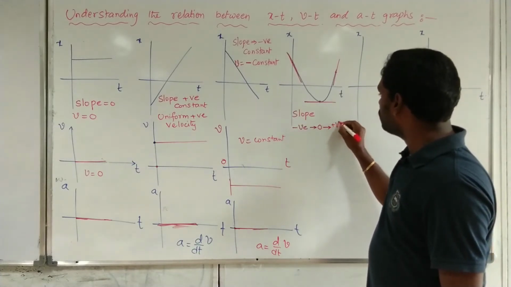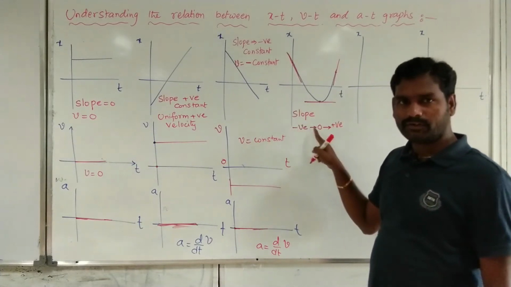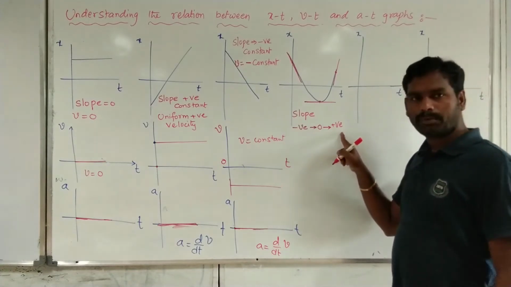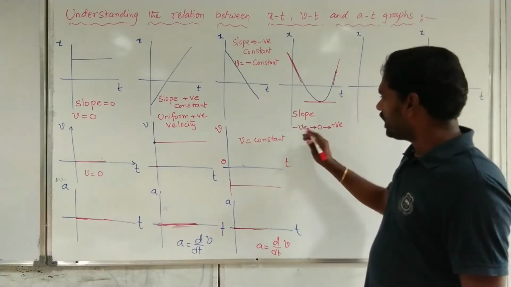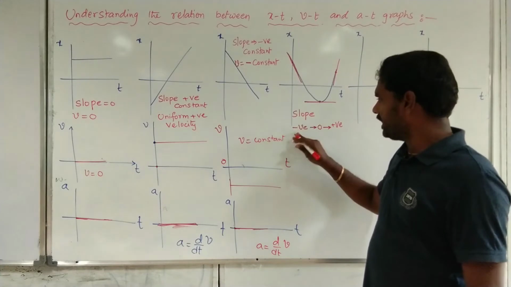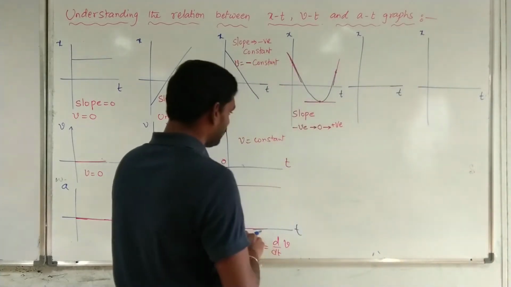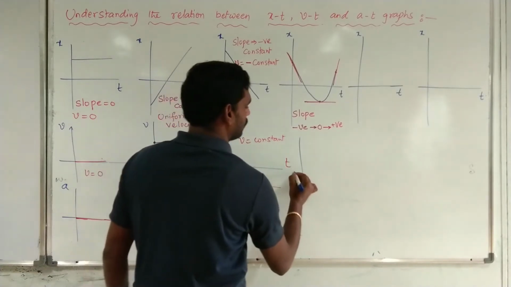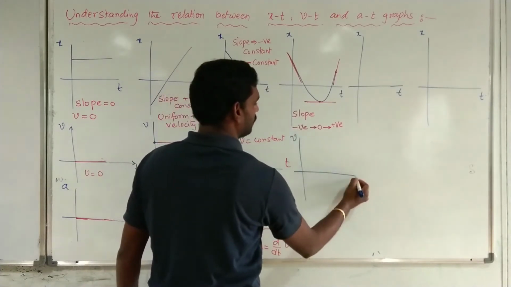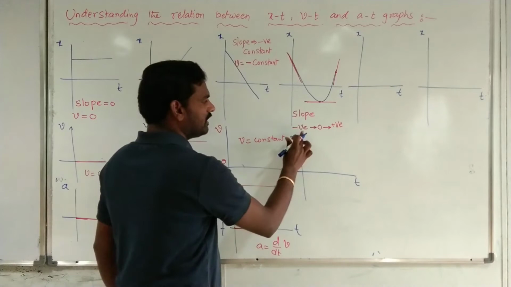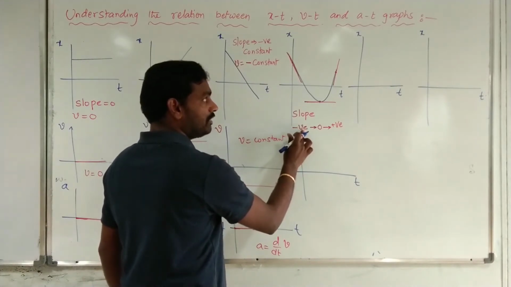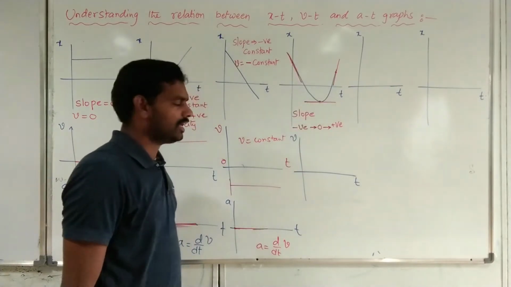So here the slope is changing from negative to 0, 0 to positive. That means velocity is changing from negative to 0, 0 to positive. So the respective velocity versus time graph looks like this. The slope of the xt graph is nothing but velocity.